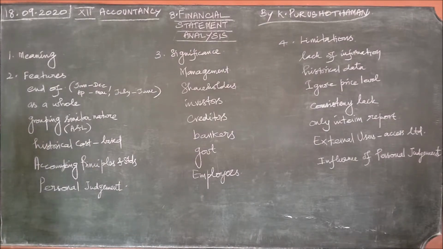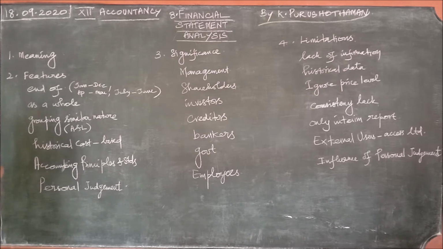And if goods are sold away, then we should use the term sales account. If cash or goods are taken for personal use of the proprietor, we should use the term drawings account. These are all some principles and standards.